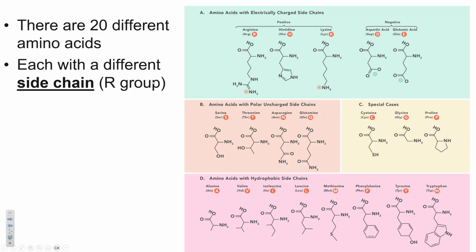So 20 different amino acids, each with a different R group, variable group, also referred to as a side chain. So there's really three different ways you can describe that: R group, variable group, or side chain. You'll see different sources use different examples there.